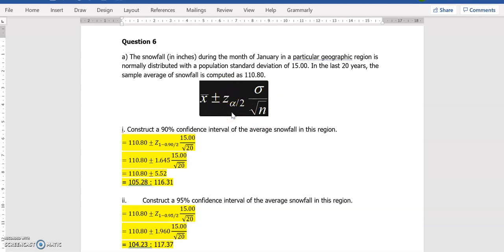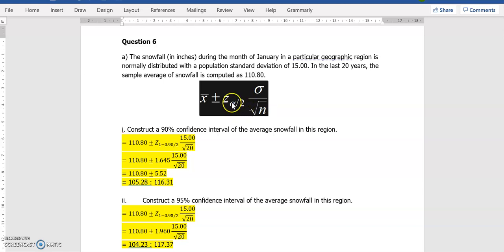The first subcomponent is the z value based on a specific significance level that is divided by 2. I repeat, the first component in the margin of error is the z value based on a specific significance level that is divided by 2.